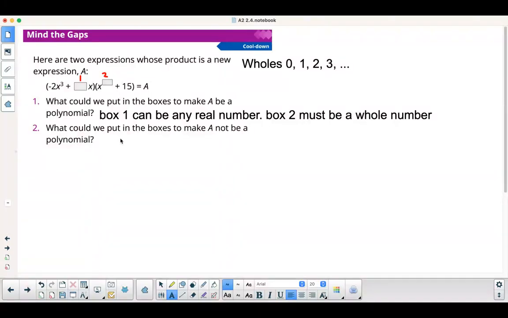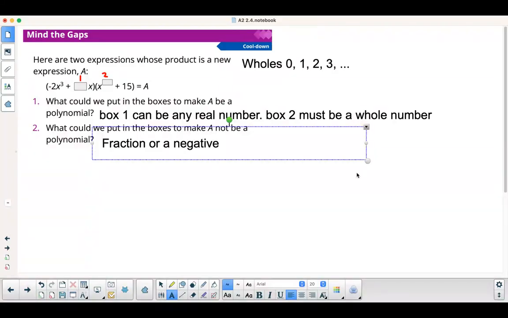What can we put in boxes A to make it not be a polynomial? So really, all you need to do there is put in a fraction or a negative number, and that would make this not a polynomial. So we'd have a fraction or negative number in box 2.